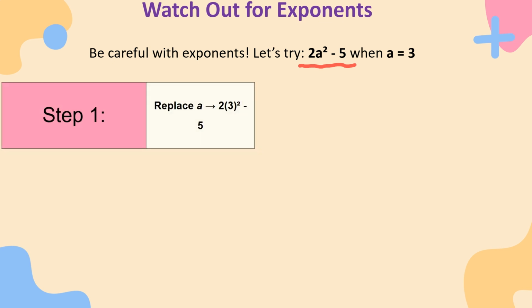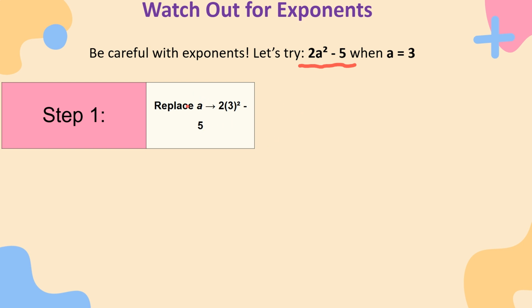The first step is, of course, this time we remove the box already. We now have the parentheses. So we will now plug in. Sometimes we use the word plug in, sometimes we use replace.